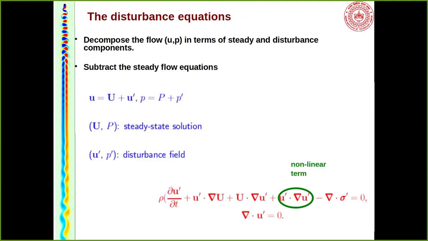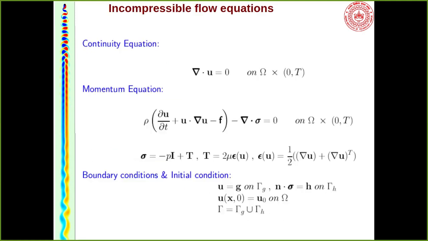So what I've done is I have subtracted the capital U and capital P terms from the equation. Remember, the steady state equations are satisfied by the steady state solution. So if I take capital U and capital P, they satisfy these equations without the unsteady terms.